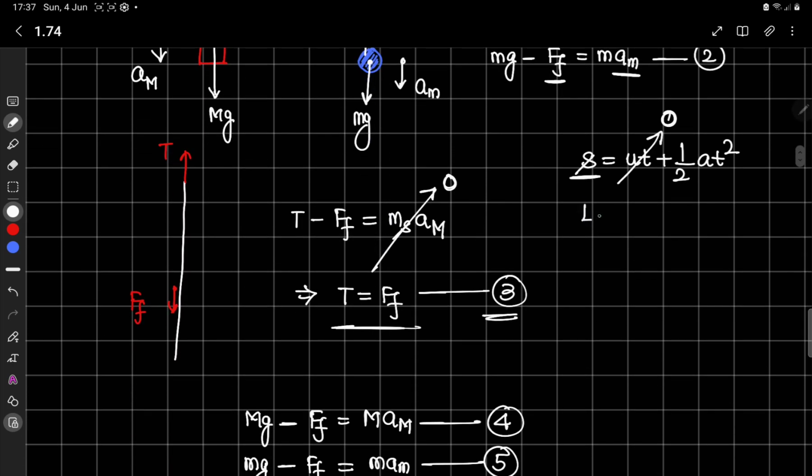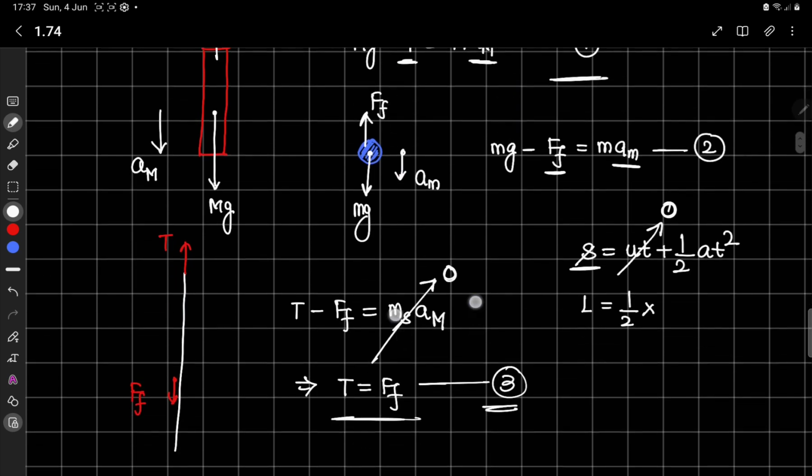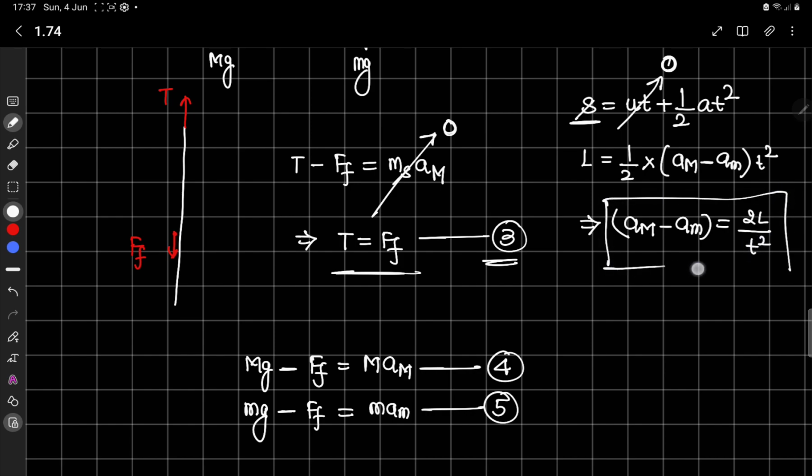So we can write L is equal to half into the relative acceleration, that is A_M minus a_m, into t square. From here we get A_M minus a_m is equal to 2L divided by t square. This is one of the equations we got.